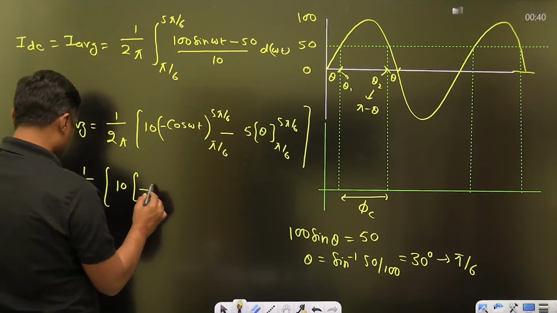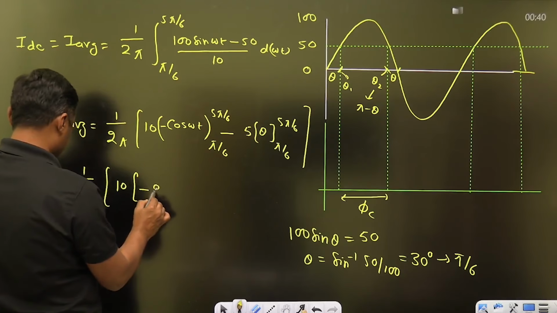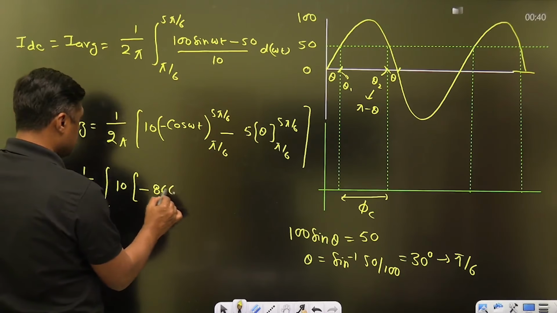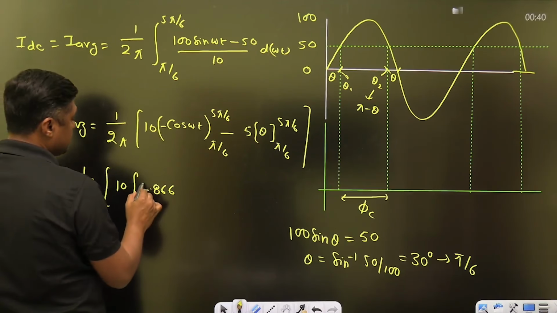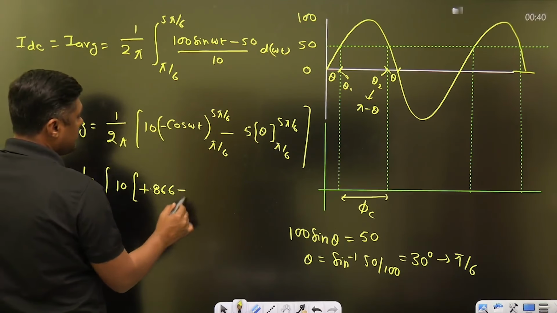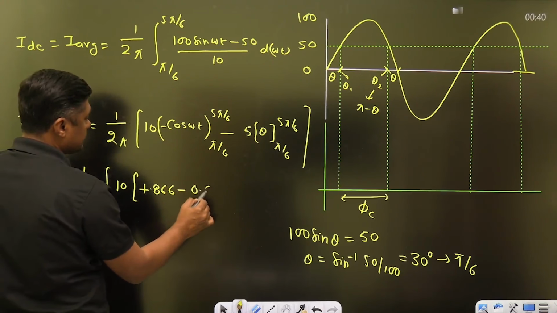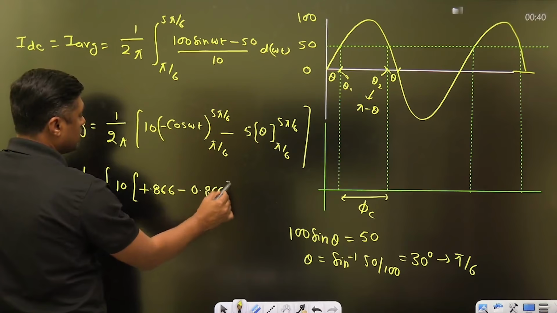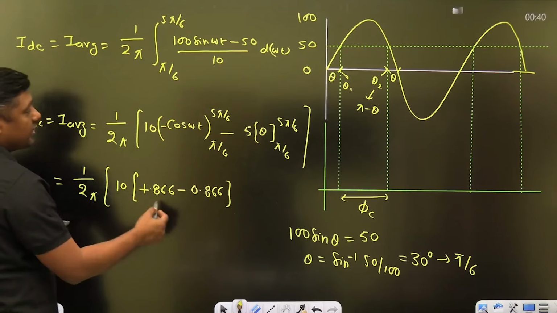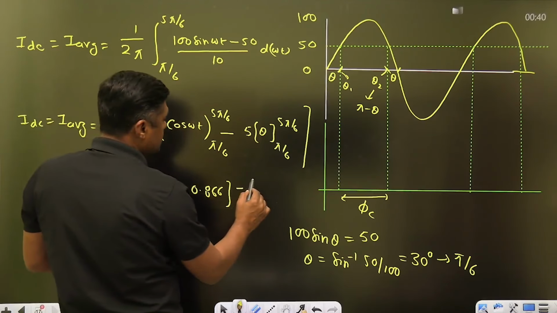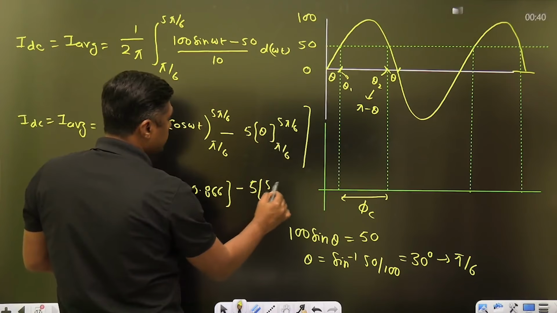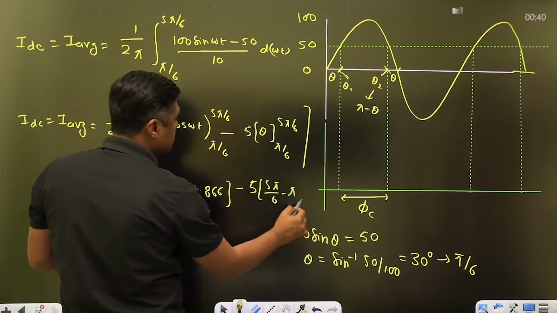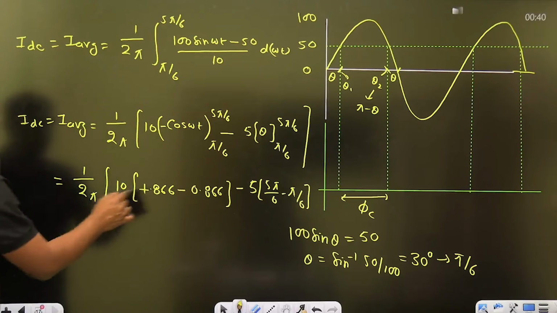This is nothing but 0.866, minus it will become plus, minus 0.866, root 3 by 2. It will cancel out. This term will become 0, minus 5 pi by 6 upon pi by 6. This term will become 0.